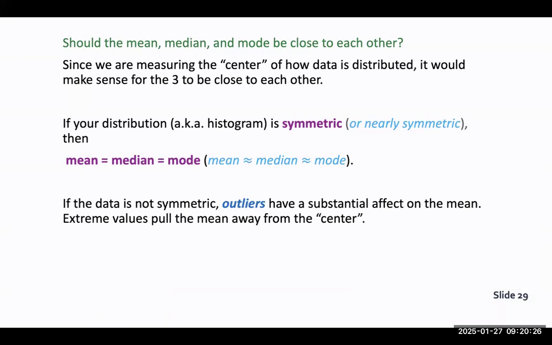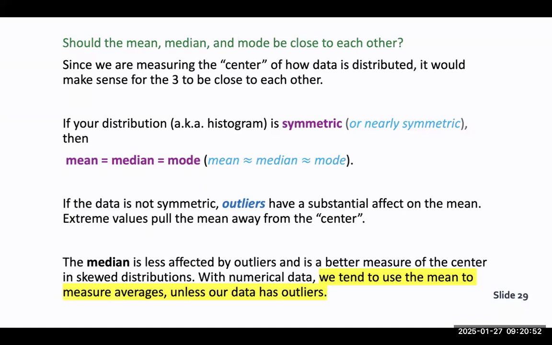Now, if the data is not symmetric, let's say it's left skewed or right skewed, then there may be some outliers. Outliers are data values that are far away from the rest of the data. So where the center of the data is, you may have some values that are far away. And this really affects the mean. It'll pull the mean away from the center.